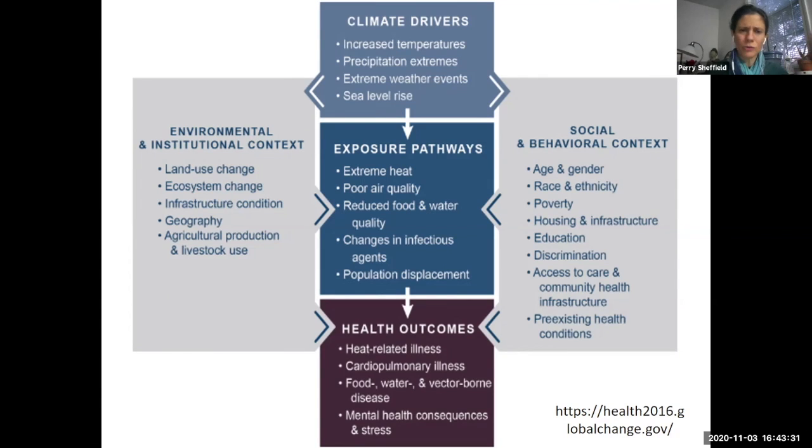All these things, like how we use land, like I just mentioned with harmful algal blooms, but also how much fertilizer we're using in the surrounding crop zones around an area affected by harmful algal blooms, influence that as well, for example. And then on the right is the social and behavioral context. We know that individuals come with their own sets of demographics that contribute to their resilience or vulnerability to these exposures.